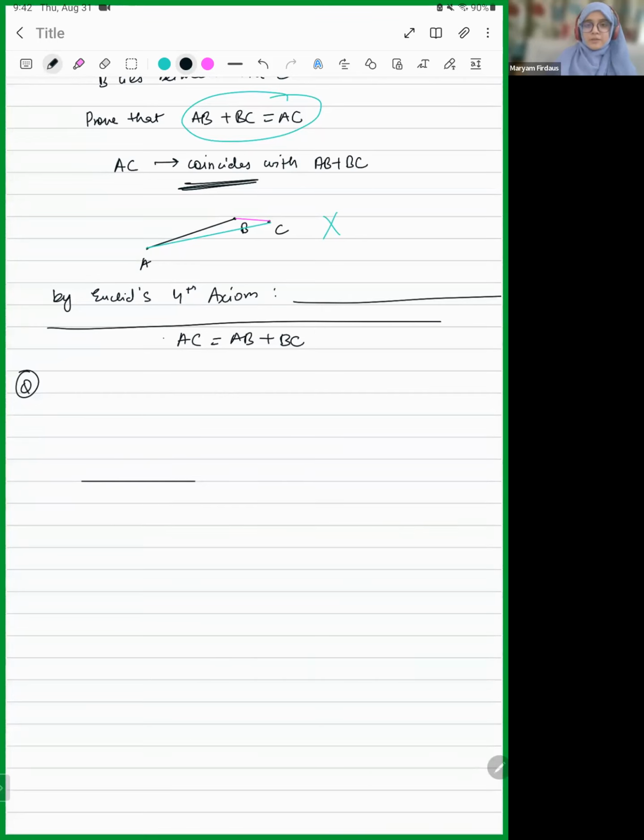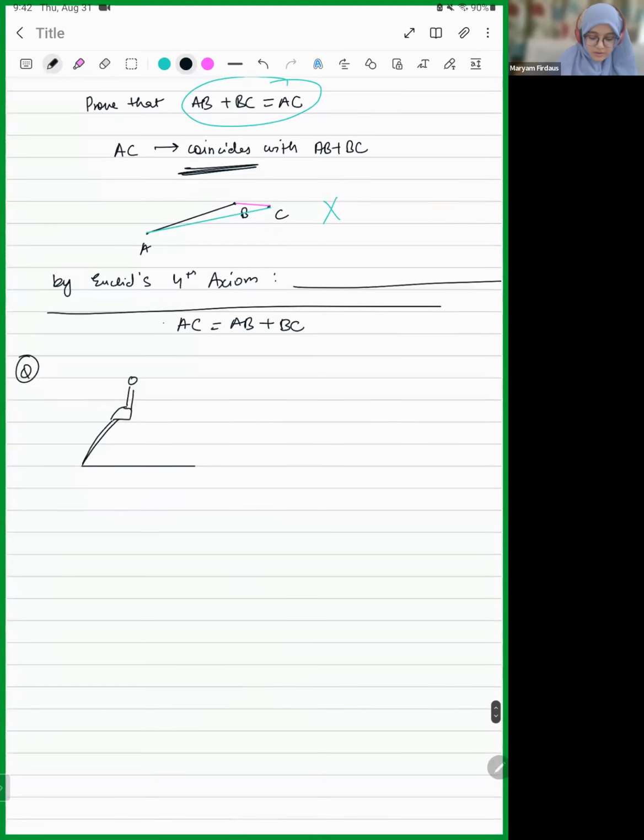You take a compass. Let's say this is A and B. The compass needle should be on A, and the pencil part should be on B. That means you have measured this length.